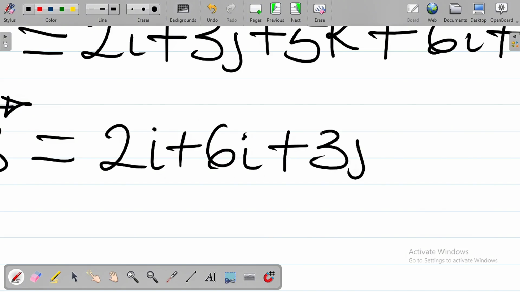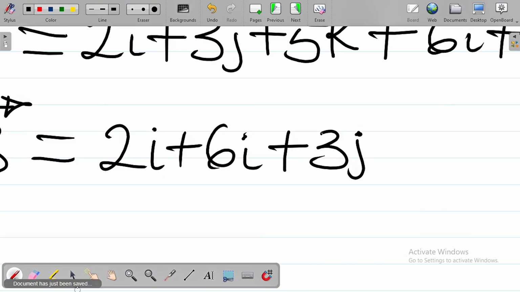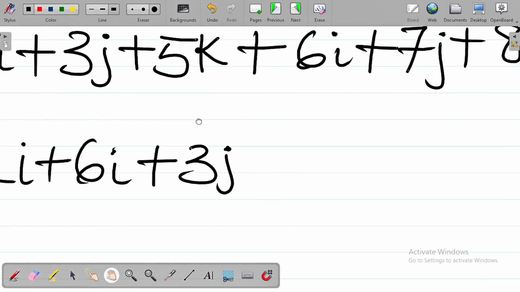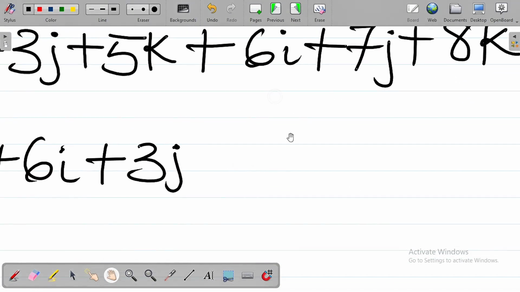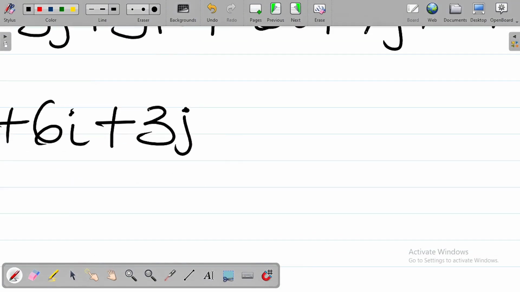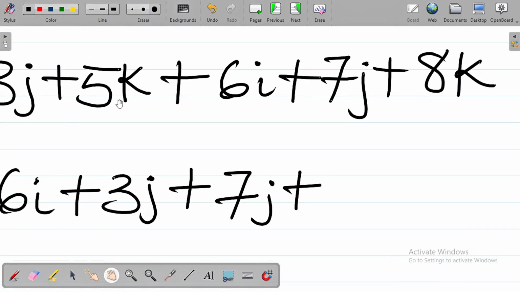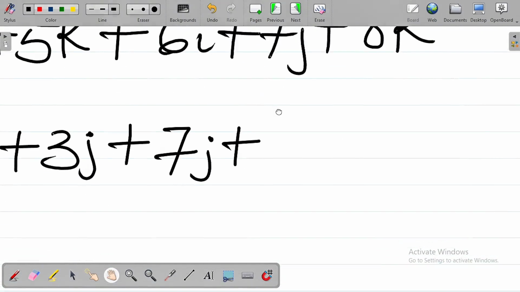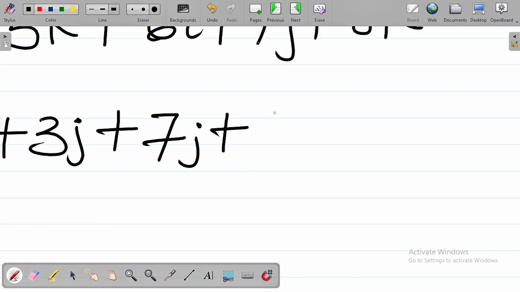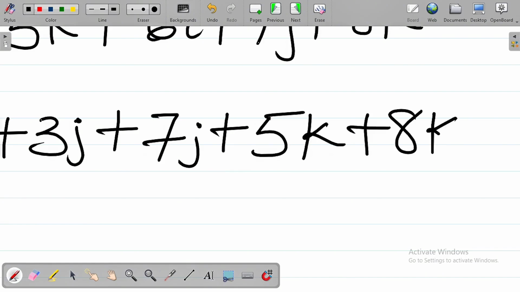We have 3j. We are going to add 3j to 7j, so 3j plus 7j, plus, we are going to add 5k to 8k. So we have 5k plus 8k.